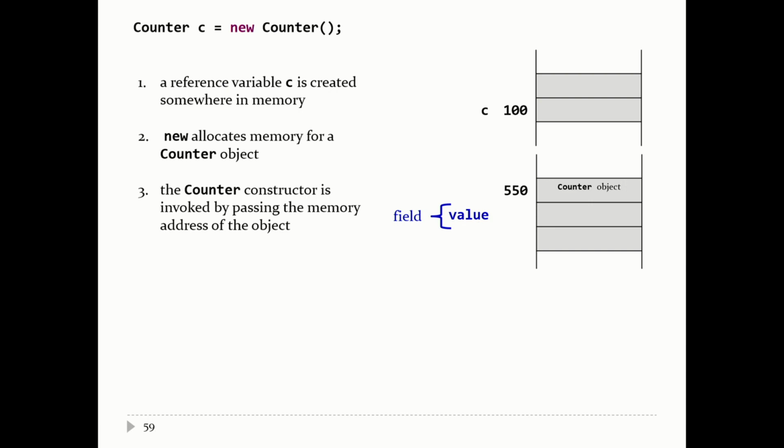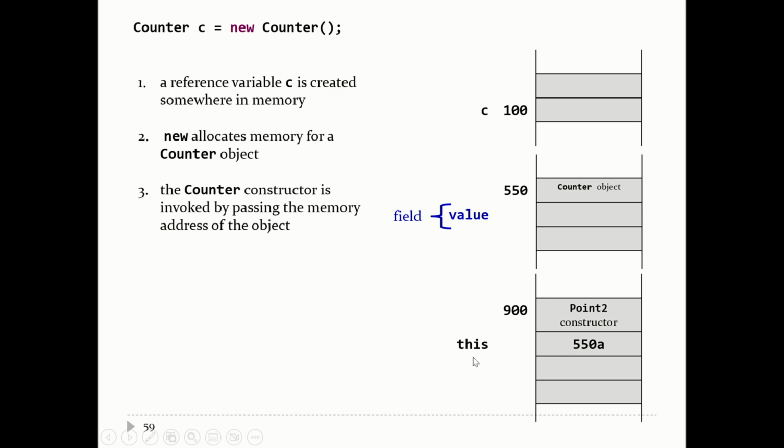The constructor begins to run. When the constructor runs, it gets passed the address of the object that was just created, and that value gets stored in the parameter called this. So this is just a reference to the object that was just created. Now the constructor does this.value = 0. So what's this?